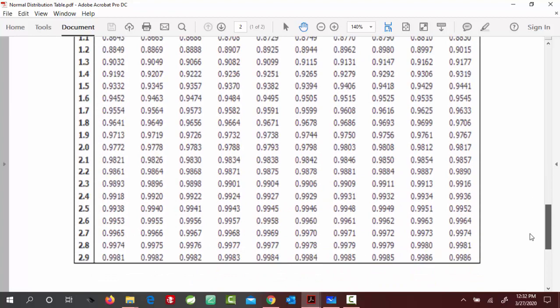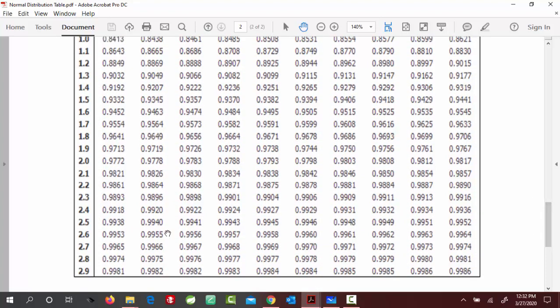You can see here 2.6, and then the next digit is 5, so this would be 0 here. In this line, this is 0, then 1, next digit 2, 3, 4, 5. So basically this is the value 0.9960.